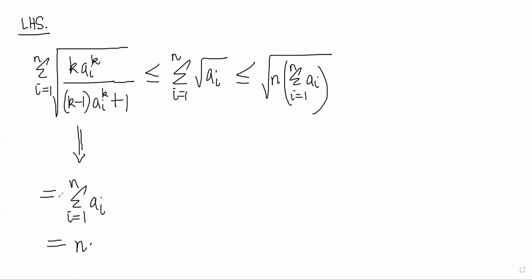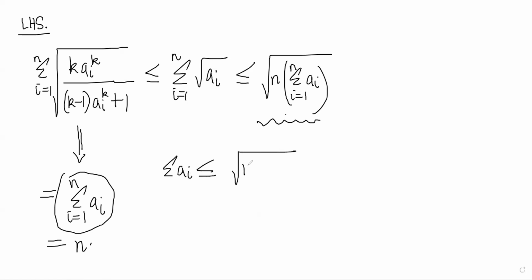So how can this quantity be equal to this, right? What we are getting from here is that the summation of a_i is less than or equal to root over n times the summation of a_i, i goes from 1 to n.